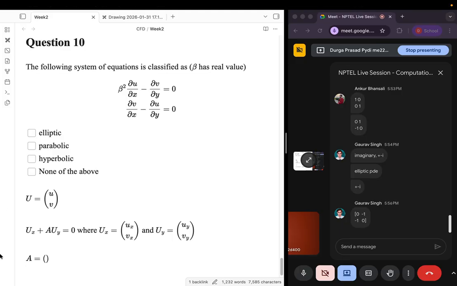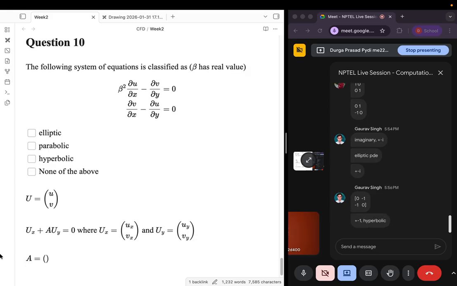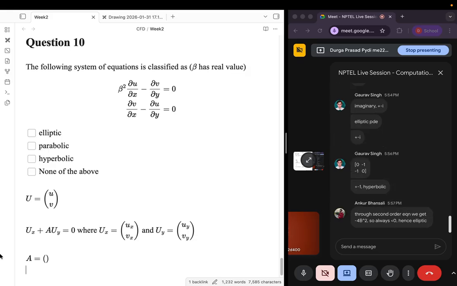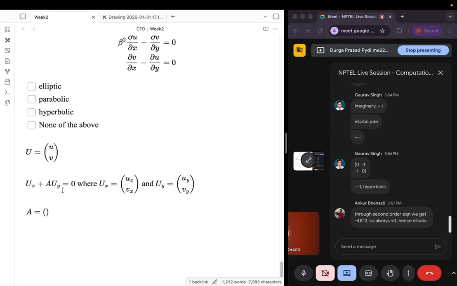Can you just check again? So others also got the same answer? Okay, there are two different answers. So first let's start by finding the value of A. If I were to just expand this equation, what would I be getting?